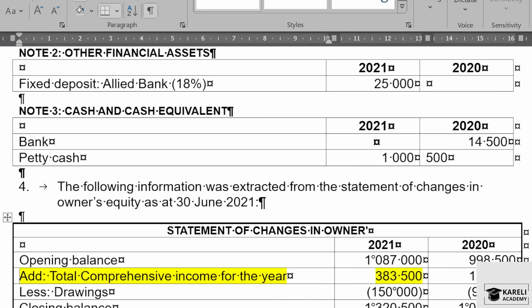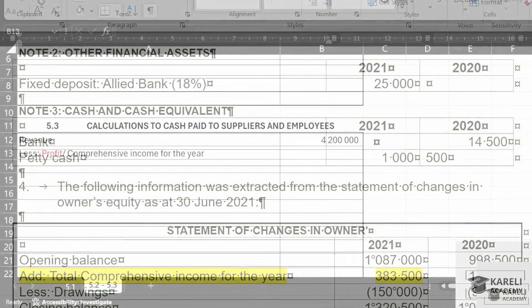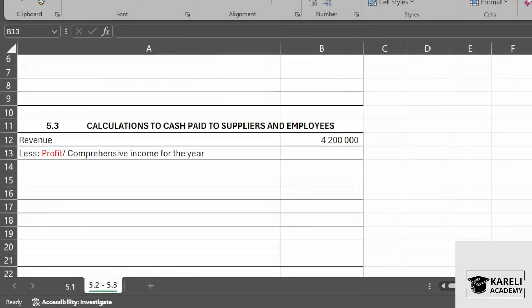383,500. Now, on our answer sheet, we will have that amount of 383,500, and it should be in bracket because we are subtracting.